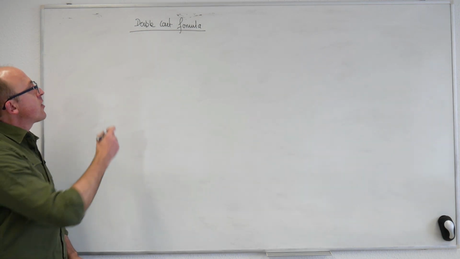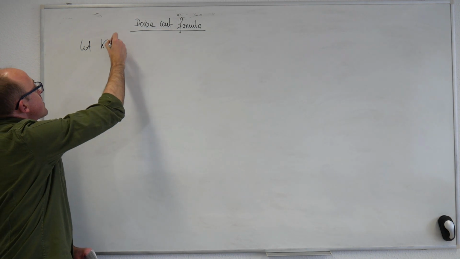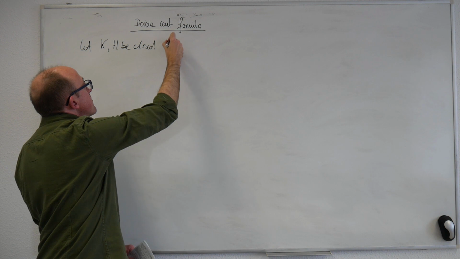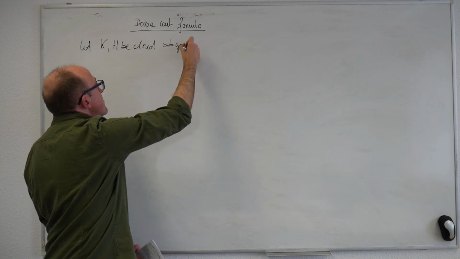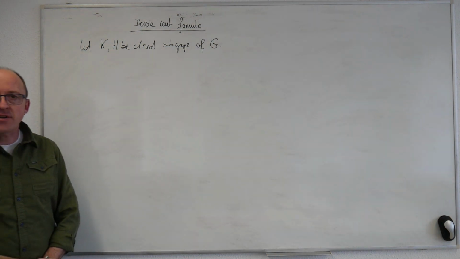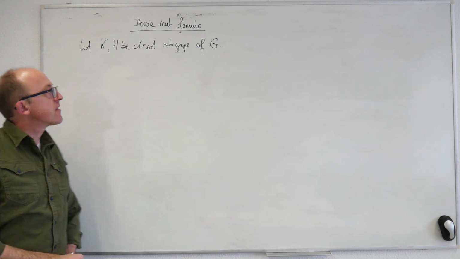For the double coset formula, we have two closed subgroups of a compact Lie group G. But other than that, they're both sitting inside G. They don't have to have anything to do with each other. They're not sitting inside of each other or anything like that.